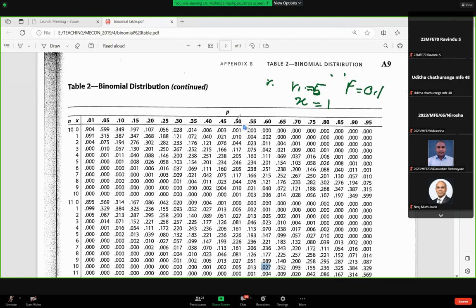Now this is what we call the binomial distribution or binomial table. Then using this table, you can calculate probability easily, without any calculation.